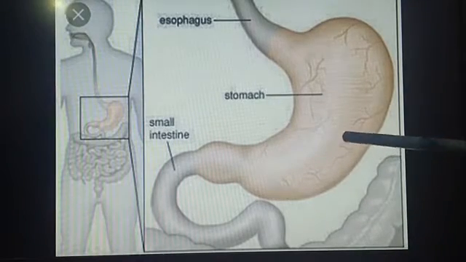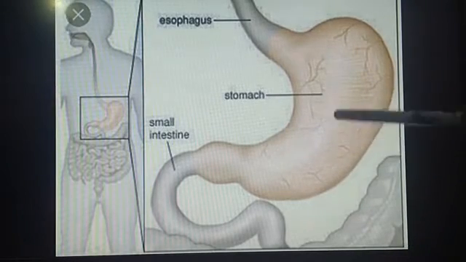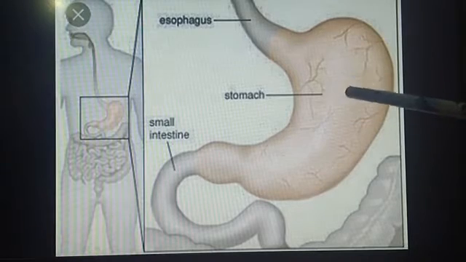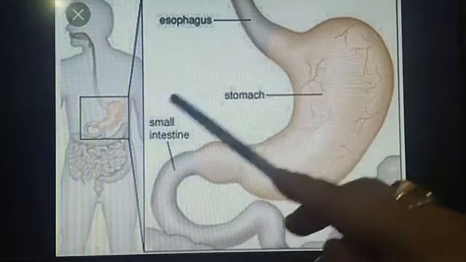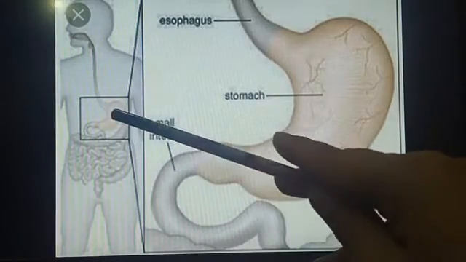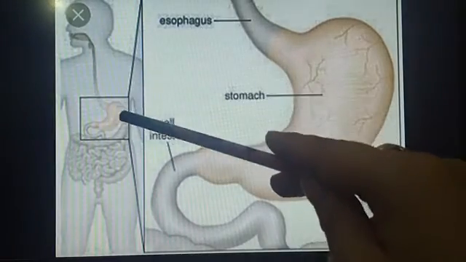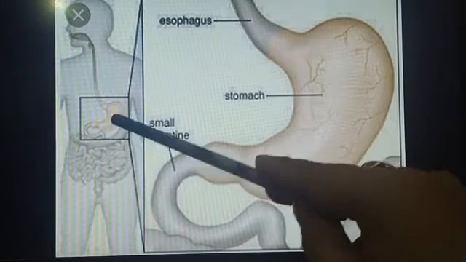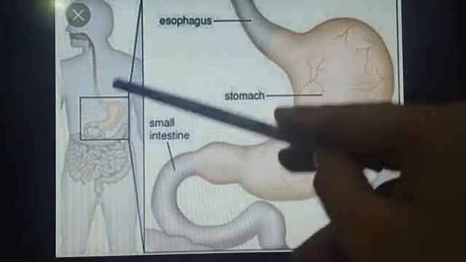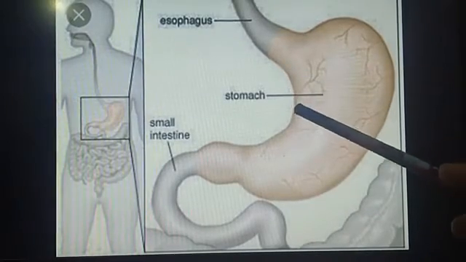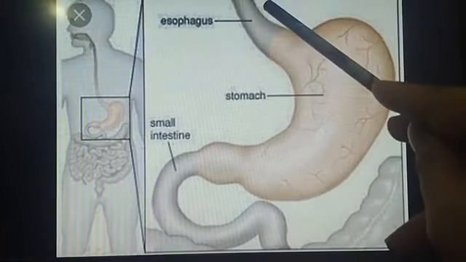Stomach is a hollow muscular organ, or you can say container, located on the left side of the upper abdomen. This is the abdomen, and in the upper abdomen, the stomach is there on the left side. The stomach receives food from the esophagus.